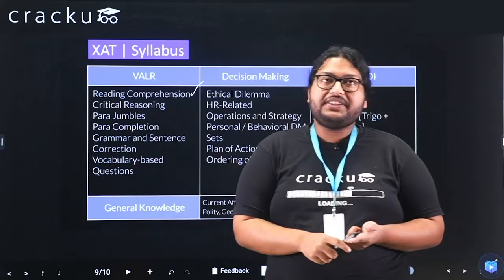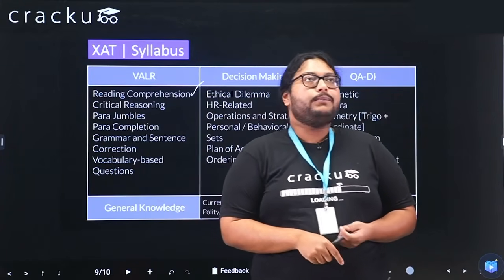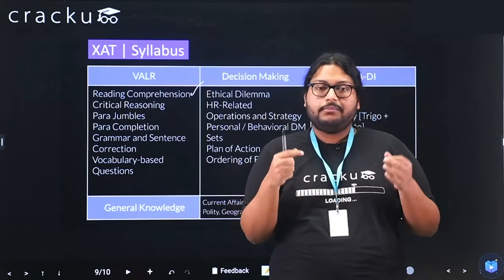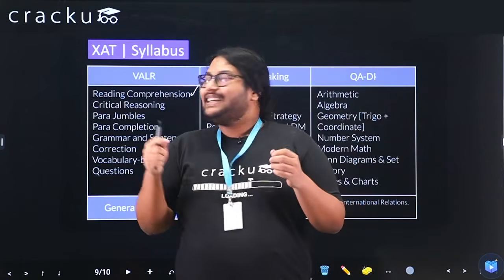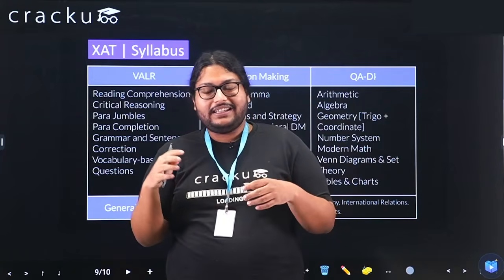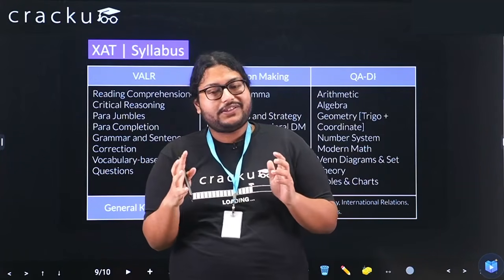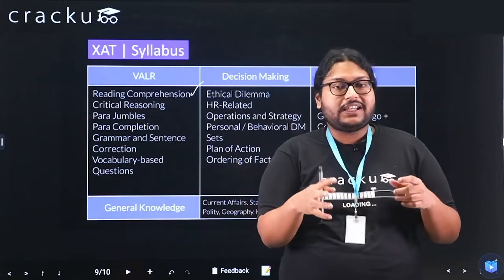Now, reading comprehensions in XAT are different from reading comprehensions in CAT, not in spirit, but a little bit in technicalities. What I want to say is, reading comprehension passages are relatively smaller. CAT has around 500 words for a passage. That goes for like a 350, 380 word passage.